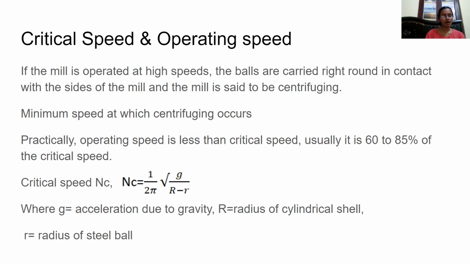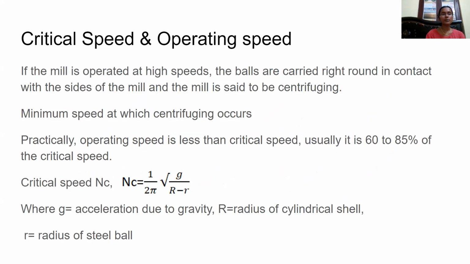Critical speed. It is an important and crucial term in the operation of a ball mill. If the mill is operated at high speeds, the centrifugal action takes place. The balls are carried right round in contact with the sides of the mill, and this phenomenon is said to be centrifuging.